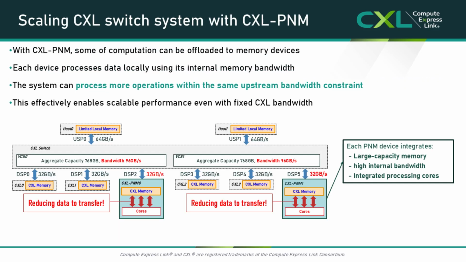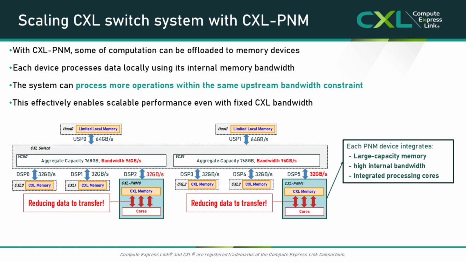So now let me show how this reduction in data movement improves the overall system. In this diagram, some of the CXL memory devices have been replaced with CXL PNM devices. Each CXL PNM device integrates large capacity memory, high internal bandwidth, and integrated processing cores.